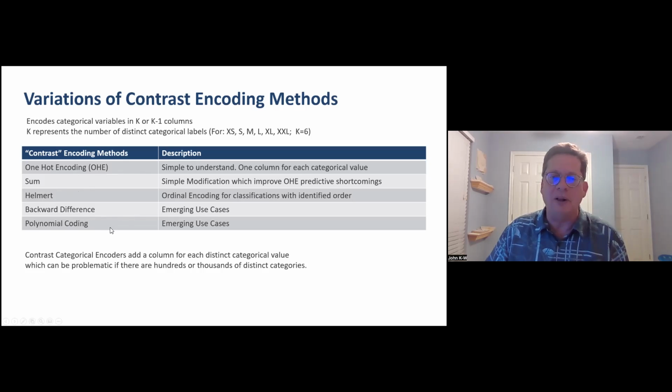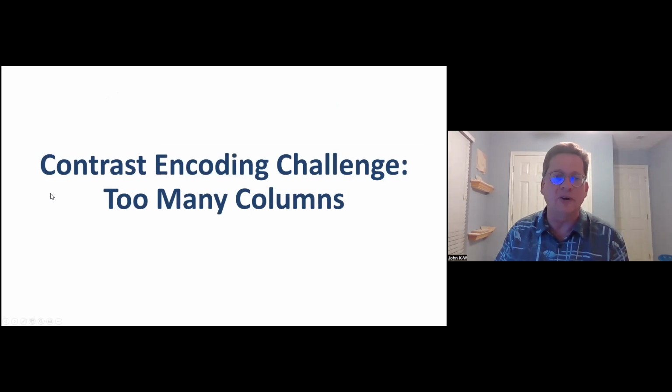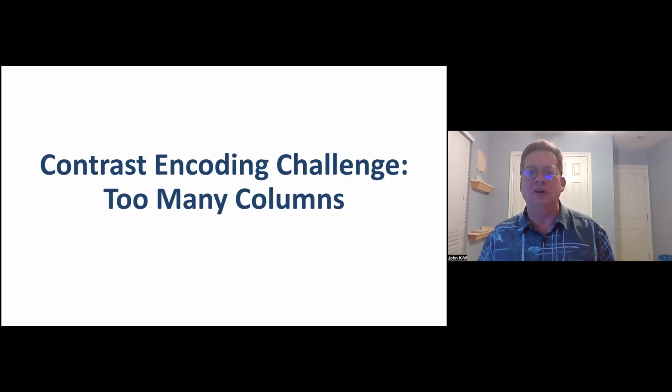Backward difference and polynomial coding, I couldn't find any distinct use cases where they were particularly valuable or had greater predictive capabilities than the other models. So I tend to recommend sticking with these top 3 methods for categorical encoding. And we'll take a look at some of those a little bit later on.